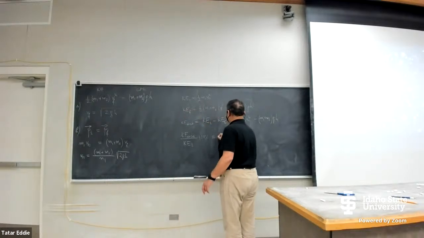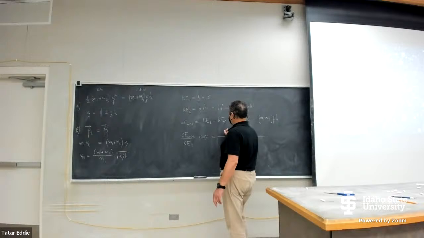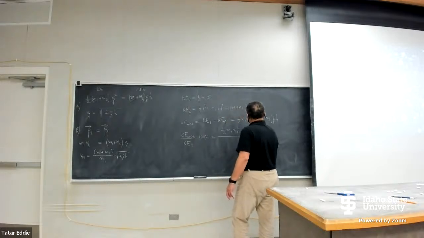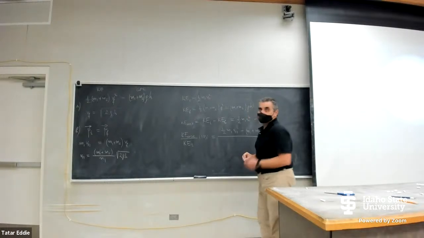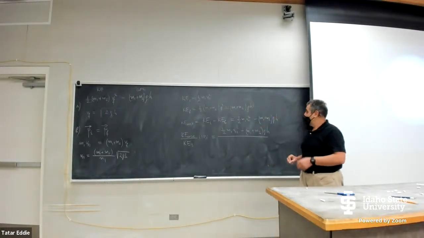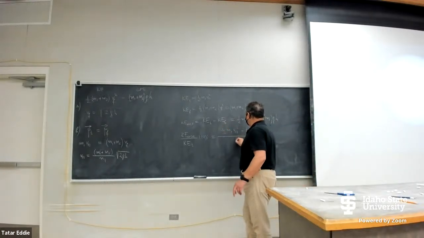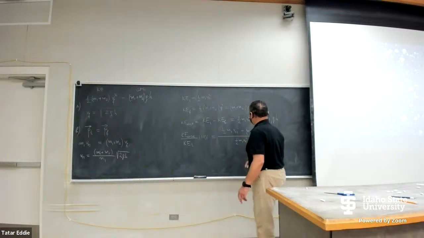So the loss is 1/2 M1 V initial 1 squared minus (M1 plus M2) times GH, divided by 1/2 M1 V initial 1 squared.